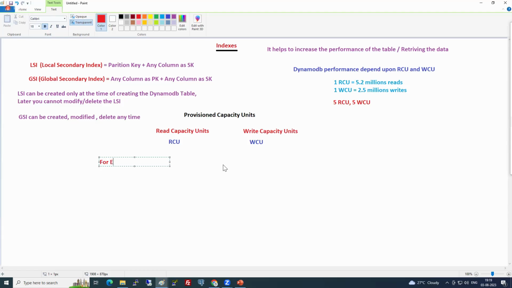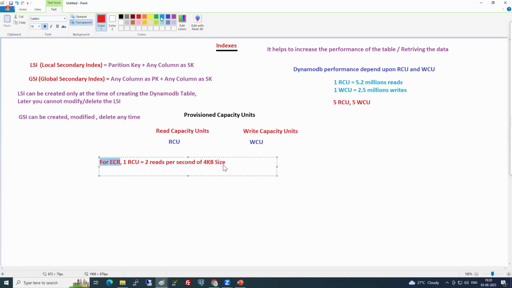Write down, guys. In reads we have two types: eventually consistent reads (ECR) and strongly consistent reads (SCR). For ECR, 1 RCU is equal to 2 reads per second of 4 KB size.